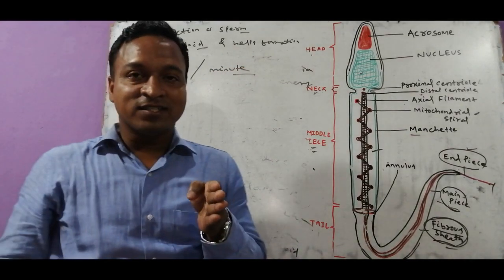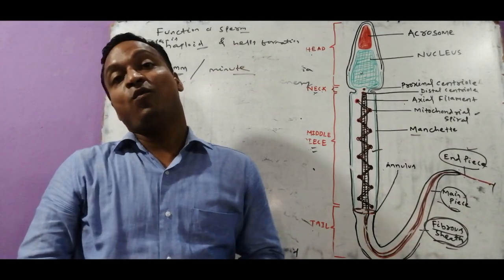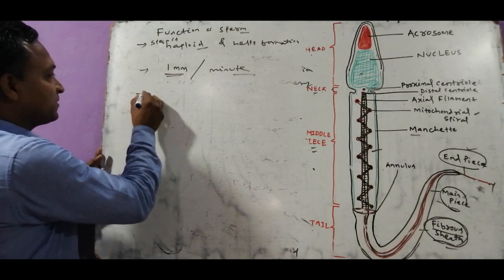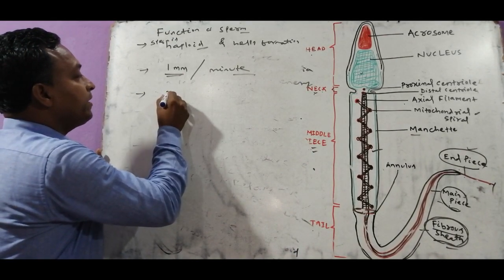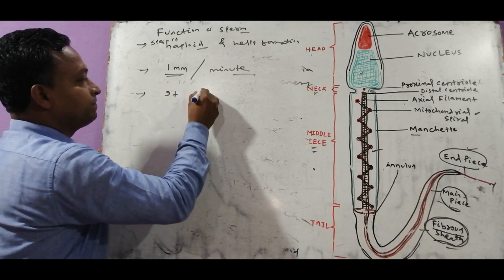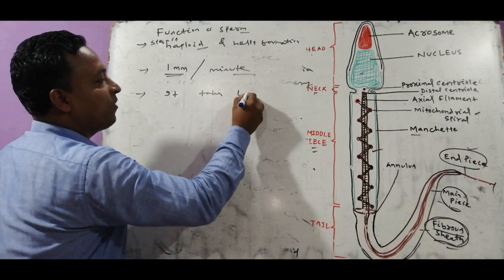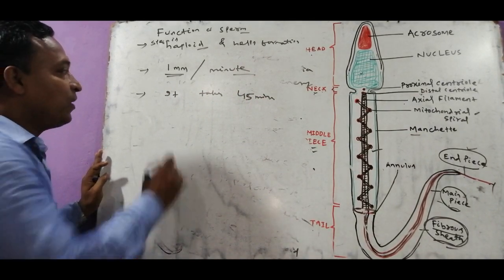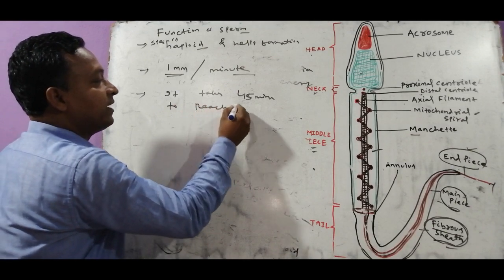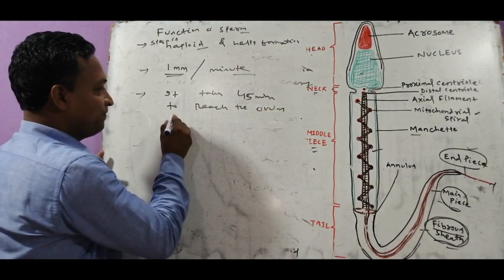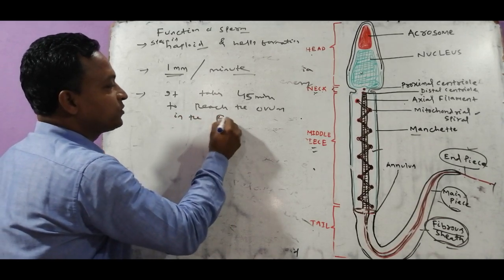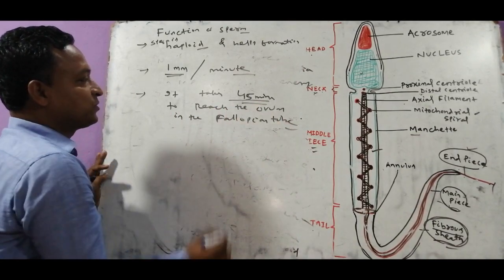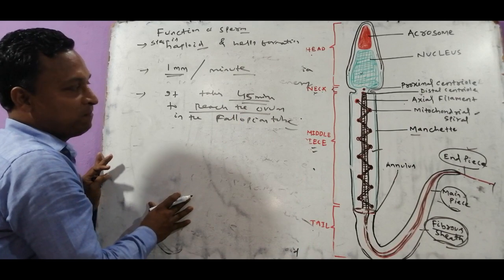It takes nearly 45 minutes to reach the ovum near the fallopian tube.